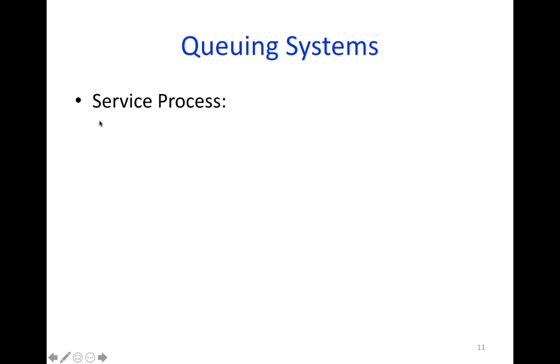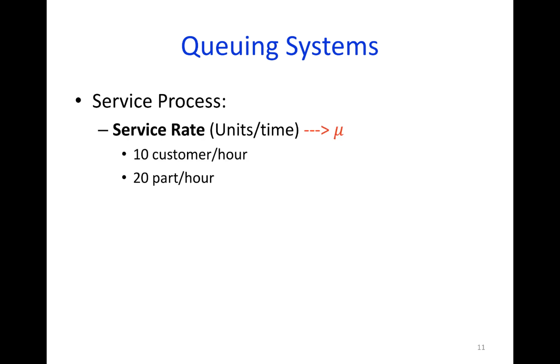The second set of information or data that you need to be able to solve a queuing system is related to the service process. Service process, if you remember, tells us how fast customers or parts can get service and leave the system. This information can again be provided in two ways.